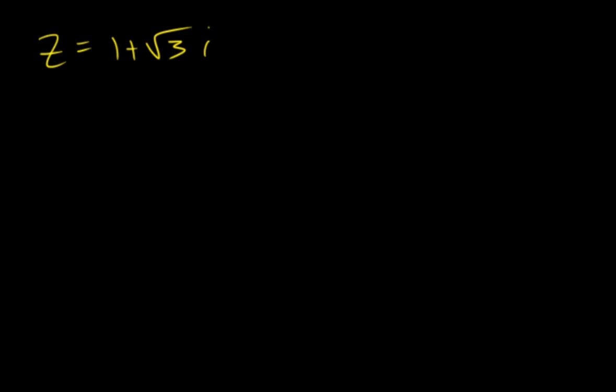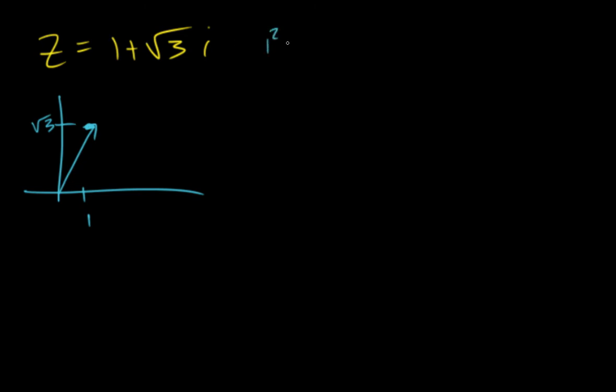So we're going to look at it on a graph first. So we go over 1, and we go up square root of 3. We get this point. And to write it in polar form, we need to find the modulus.